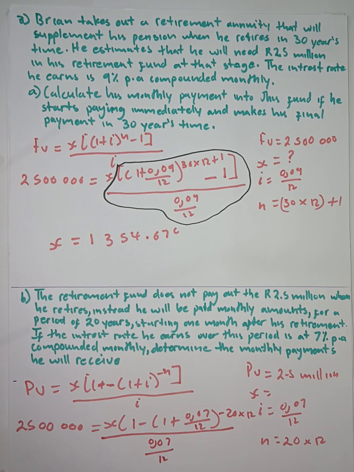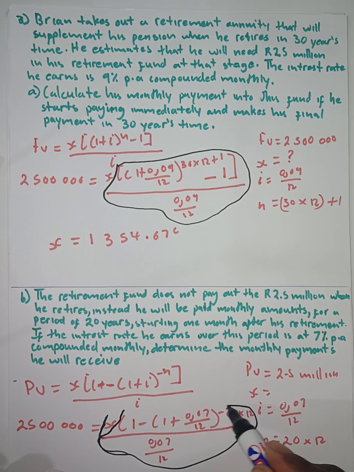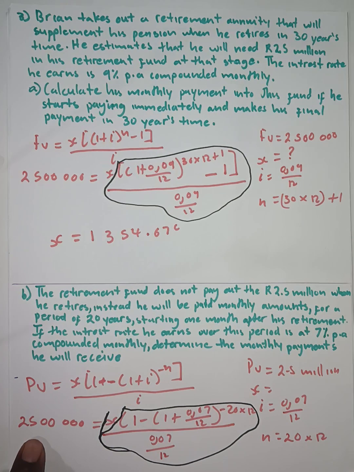We don't know x. You treat this value as the coefficient of x, so you press that value in your calculator, and then you take 2.5 million and divide it by that value to get x.